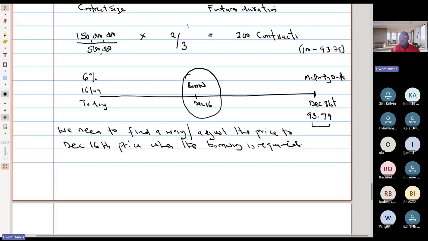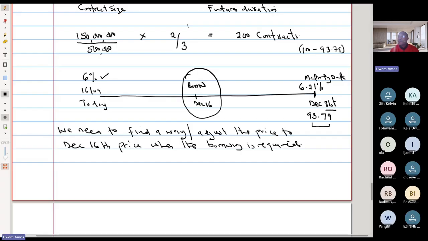That gives us the value in percentage. So that would be 100 minus 93.79, and that gives us a value of 6.21%. So currently the interest rate is 6%. Mr. Big Hat has bought a futures that fixes the interest rate at 6.21 on December 31st.